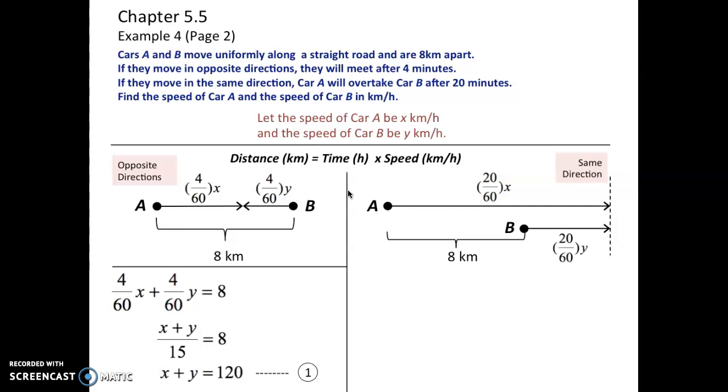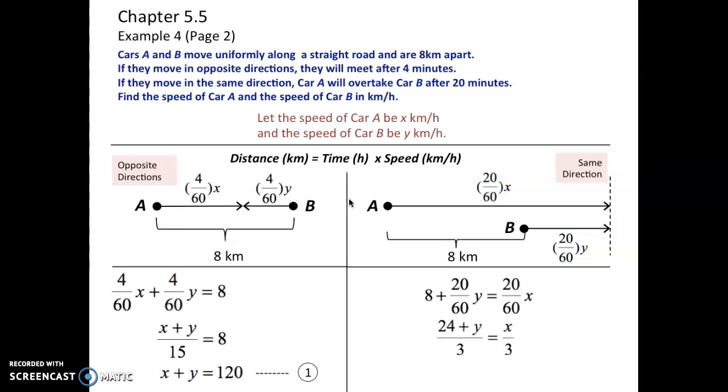For car B, we'll have 20 over 60 multiplied by its speed, which is y. So, we can now form the equation: 8 km plus 20 over 60 times y, which is the distance traveled by car B, will give us the total distance traveled by car A in the 20 minutes.